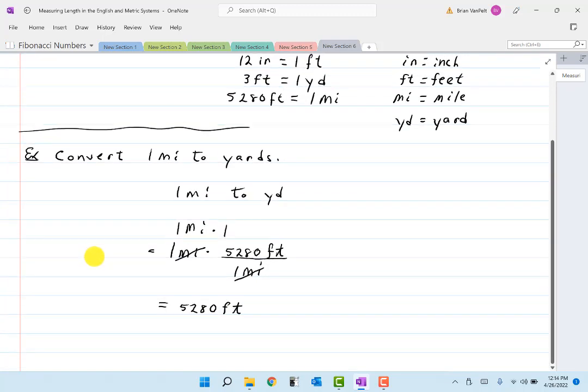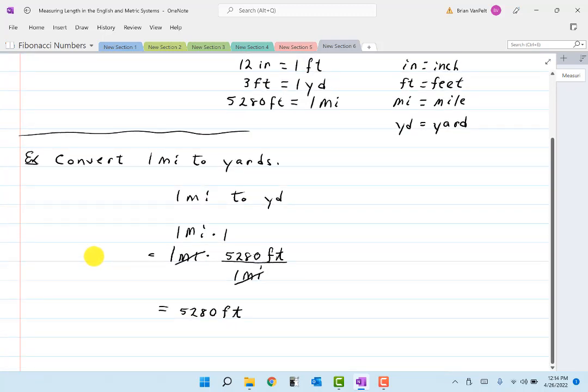Now the question needed me to go to yards, not feet. So now I look at my table here, these 3 equations that I have, and I see that there is a connection between feet and yards. 3 feet equals 1 yard. So once again, I'm going to multiply by what is 1 times. I want yards to be the thing that's standing when all is said and done.